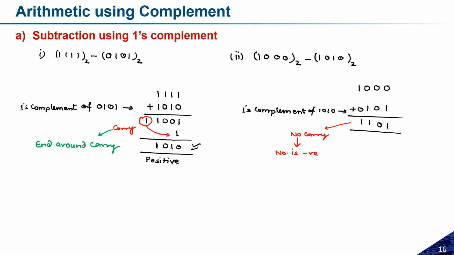Now, what I have to do is calculate the ones complement of this result, whatever we have received. After calculating the ones complement, the number will be 0, 0, 1, 0, and this is the negative number. So this is the actual result.